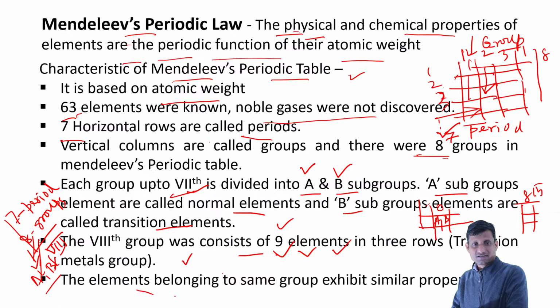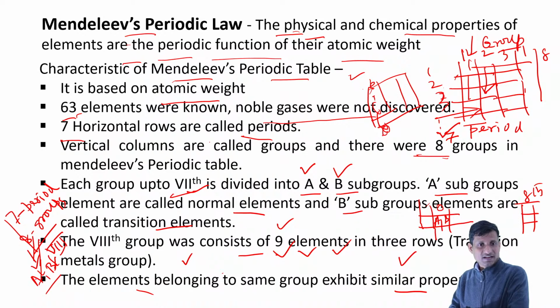Again, the elements belonging to the same group exhibit similar properties. This is another interesting thing. We now have a table, and in each group the elements have similar properties.